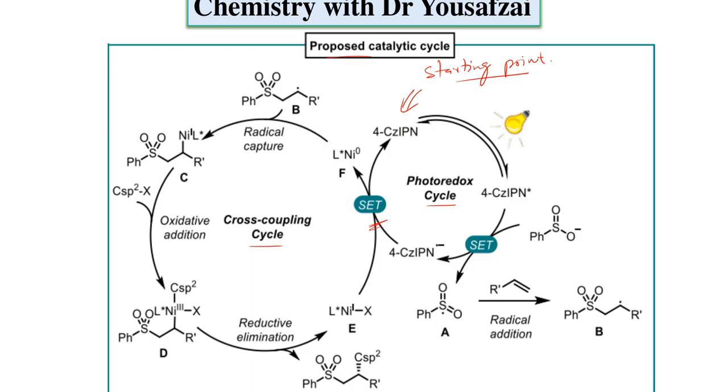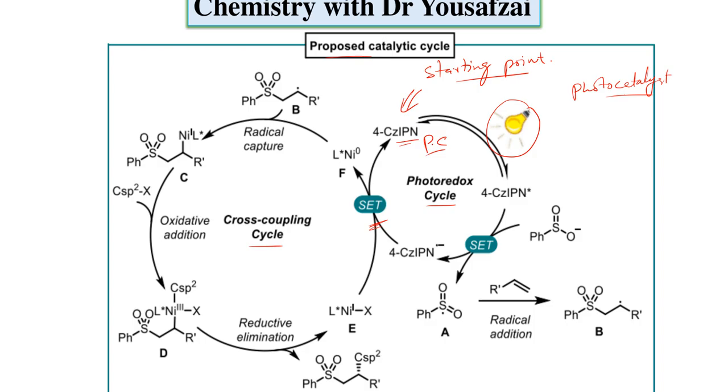In the photoredox catalytic cycle, the reaction starts from the photoexcitation of this photocatalyst PC. PC means photocatalyst, so I will use the term PC for photocatalyst. The reaction starts by the photoexcitation of PC by irradiation with light. This is the light source.